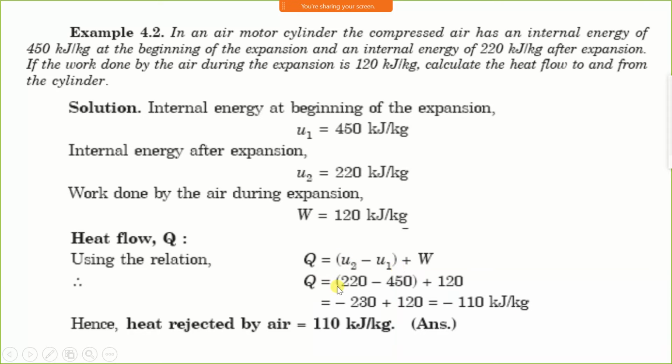Q is equal to U2 which is 220 minus U1 which is 450 plus W which is positive 120, and we get Q is equal to minus 110, that is heat is rejected by the air. Since Q is negative, heat is rejected by the air, which is 110 kilojoule. If you write heat is rejected, no need to write minus, it is understood.